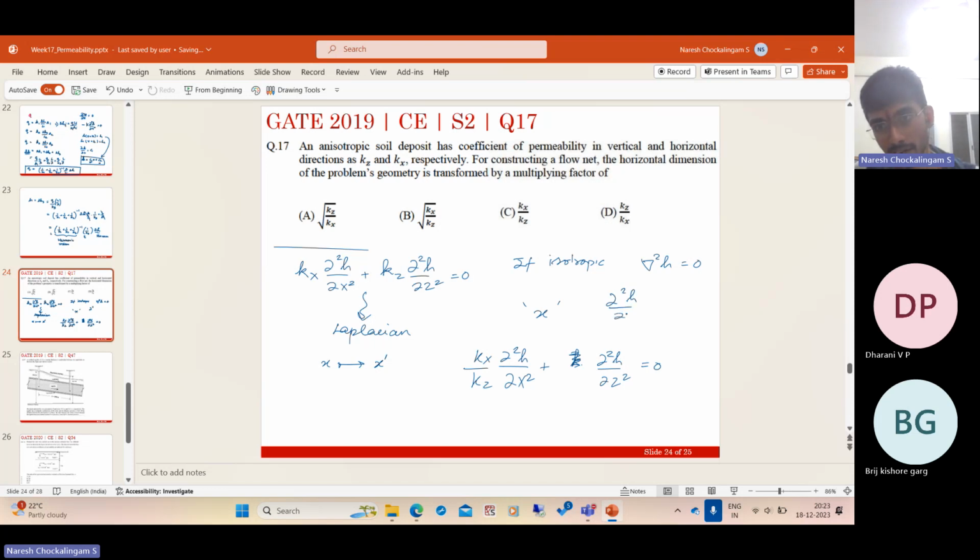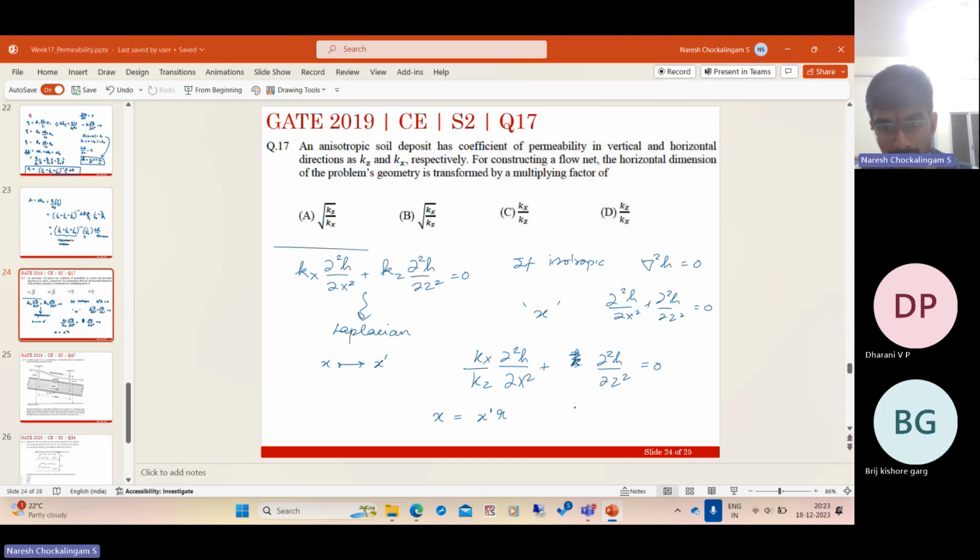It is dou square h by dou x square plus dou square h by dou z square equal to 0. This term doesn't match. So what they do, let us suppose you do this change of variables, right? If you say x is equal to x dash times some multiplying factor r.